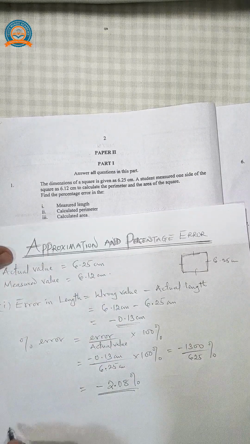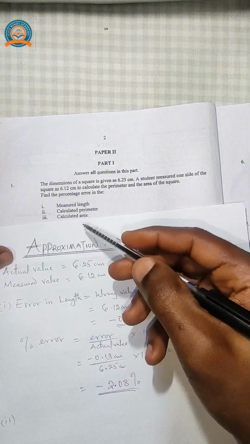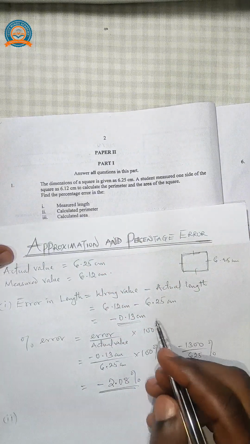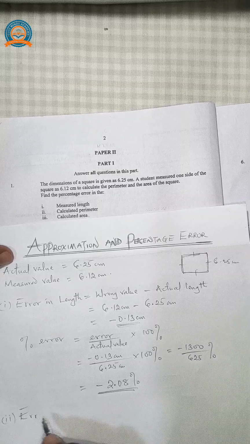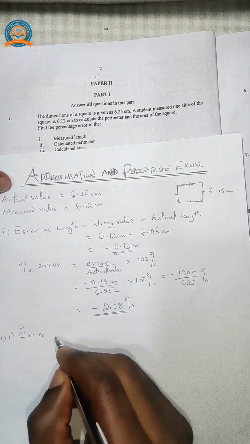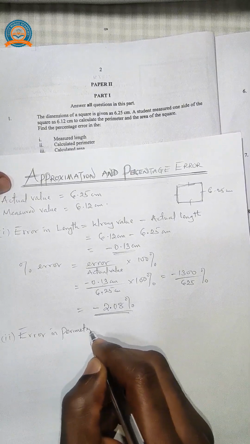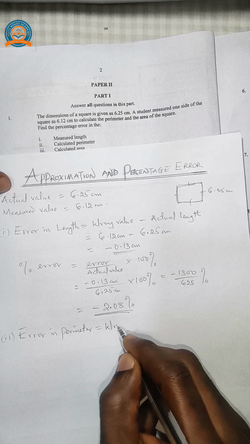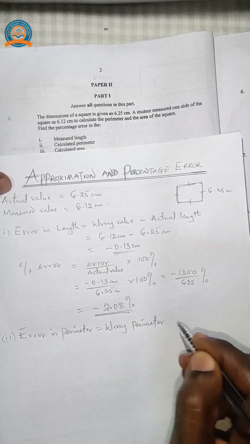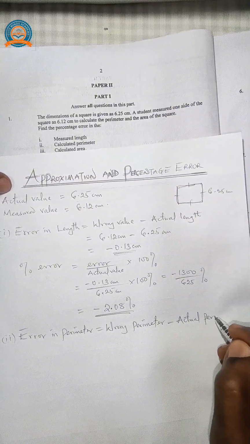Now, for the second question, we want to find the percentage error in the calculated perimeter. We still need to find the error in the perimeter first. So error in perimeter will still be the wrong perimeter minus the actual perimeter.